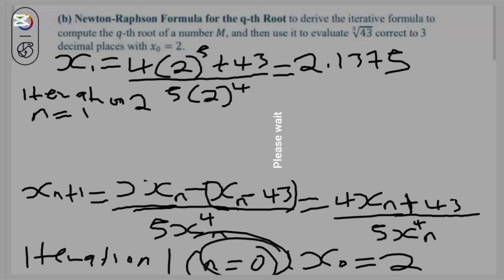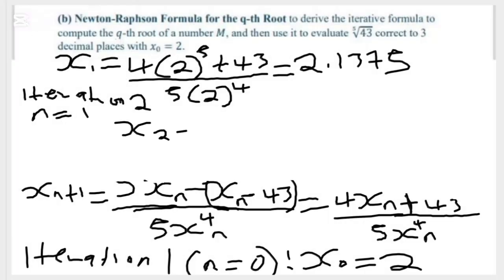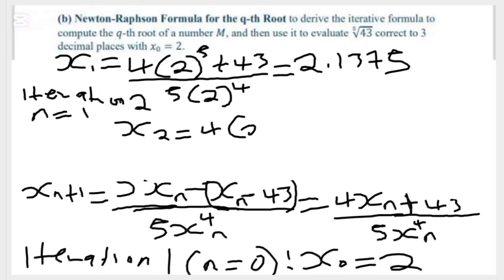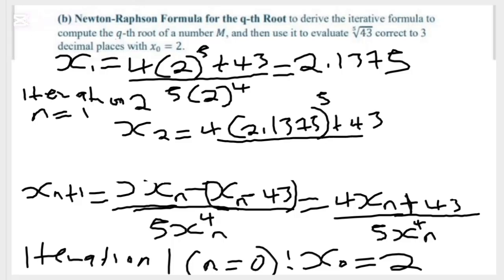So now x2 is the same thing as 4 multiplied by 2.1375 raised to the power of 5, plus 43, divided by 5 multiplied by 2.1375 raised to the power of 4.